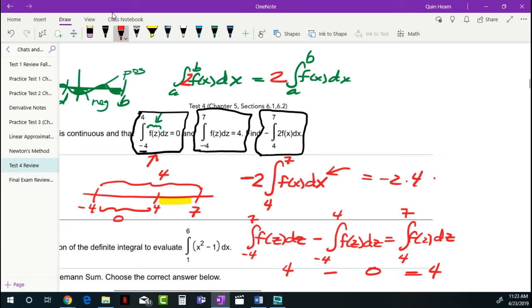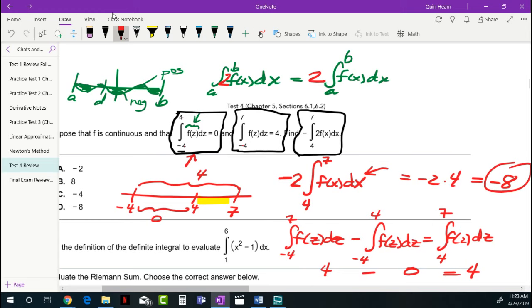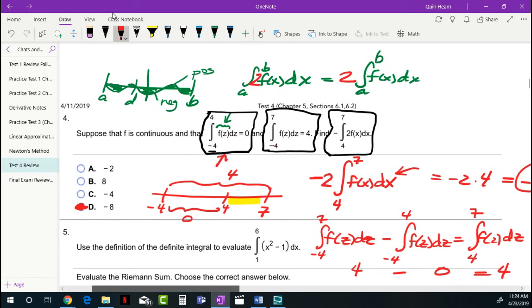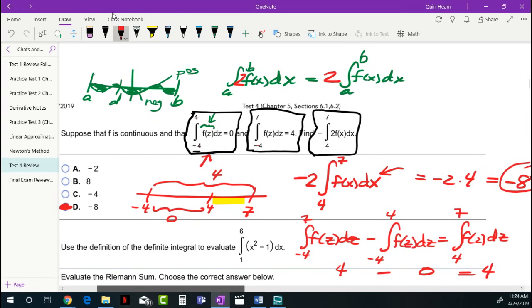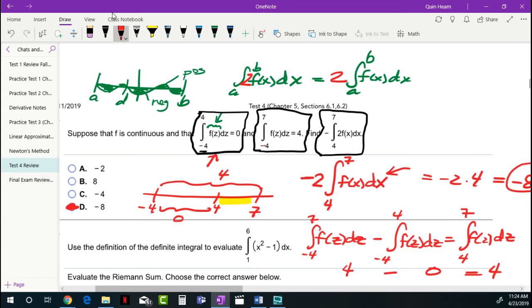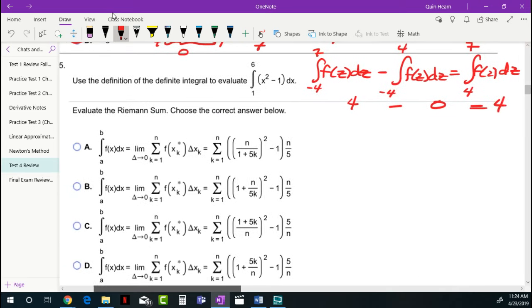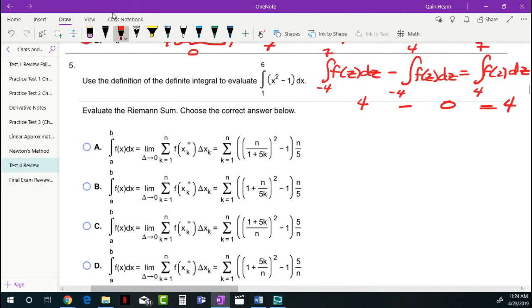But anyway, the integral from -4 to 7 minus the integral from -4 to 4 is actually going to give you the integral from 4 to 7. Okay, so that means that 4 minus 0 is equal to 4.